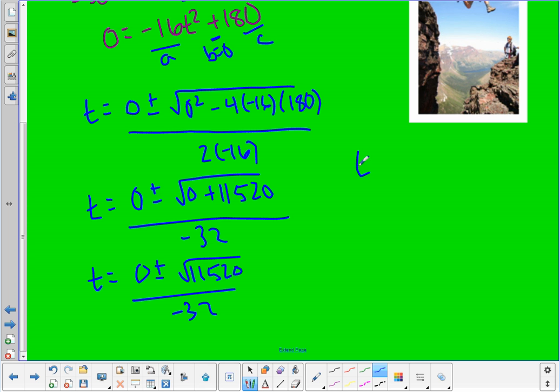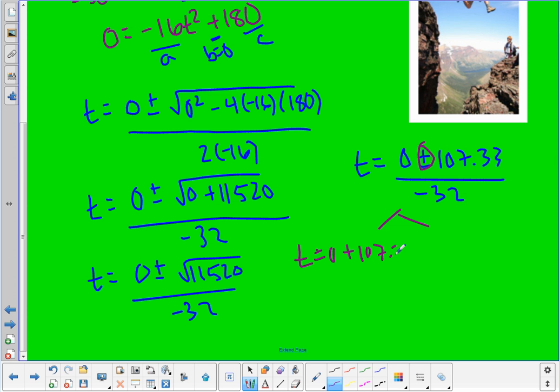So t is equal to 0 plus or minus 107.33 all over negative 32. Now I'm ready to split it into two things. I have 0 plus 107.33 over negative 32, and I have 0 minus 107.33 over negative 32.